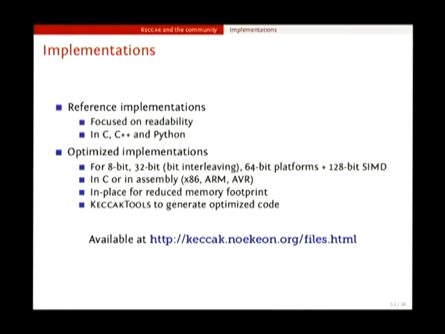For x86, I don't think we managed to beat GCC actually, but you can try. Please do so. Some of the implementations are in place, to reduce the RAM usage. And as I mentioned, we have some optimization techniques implemented in Keccak tools to help you generate code that really fits for Keccak.